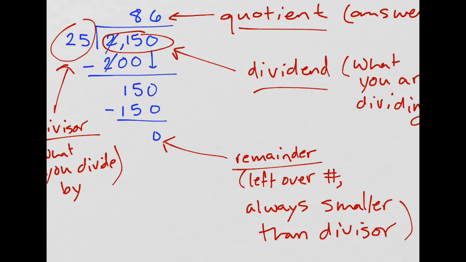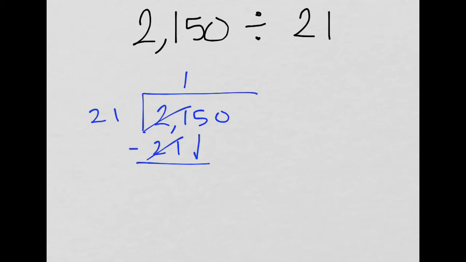So that goes away, and then I'm left with 50. So I bring down my 5, and then the 5 is too small. I'm thinking, what times 21 gives me 5? That's too small, so I'll make it a little bit bigger by bringing down my 50 as well.